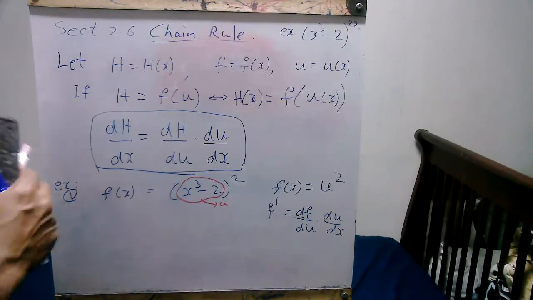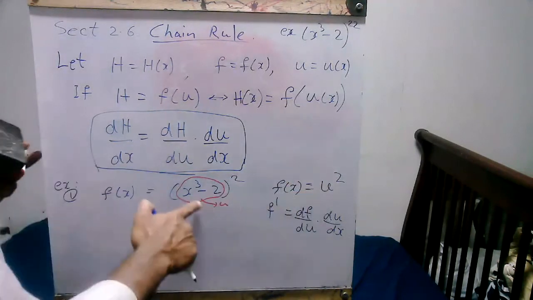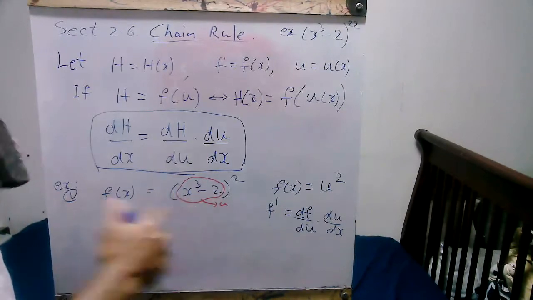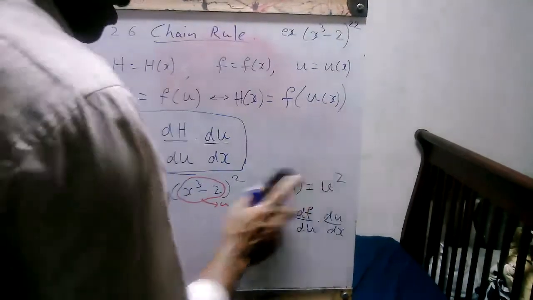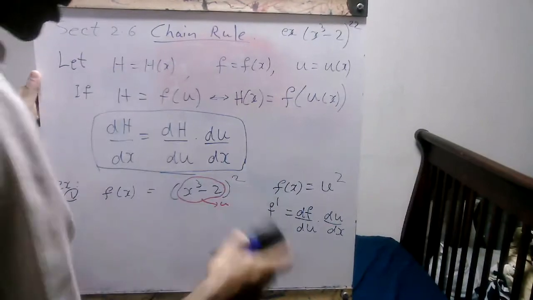Now let's do that. In this case, what's u? U is x cubed minus 2. I'm gonna take it out and I write u equals x cubed minus 2 here.